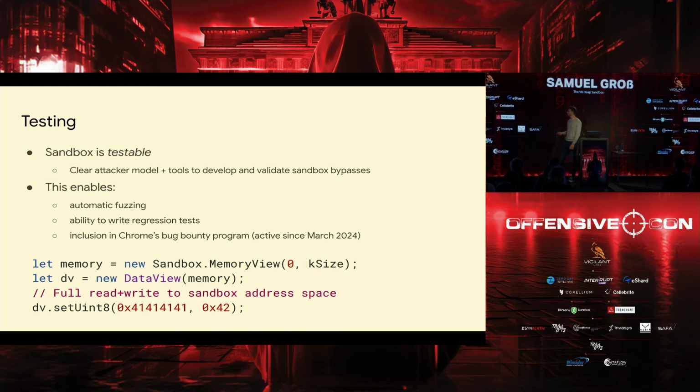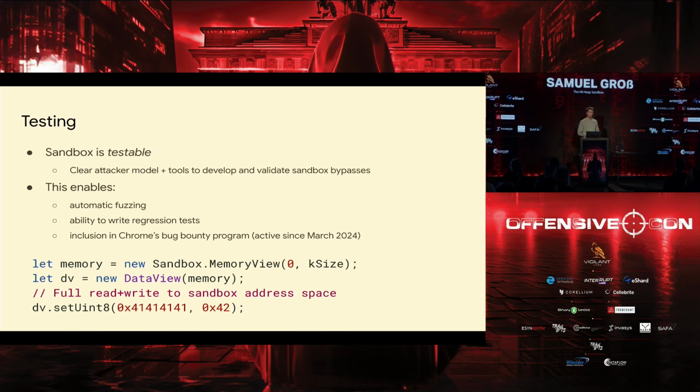making testing possible. What it allows us to do is automatic fuzzing. There are fuzzers running that just corrupt heap memory and then monitor if there's memory corruption outside of the sandbox. You can write regression tests. In V8's regression test folder, sandbox bypasses are starting to be added.